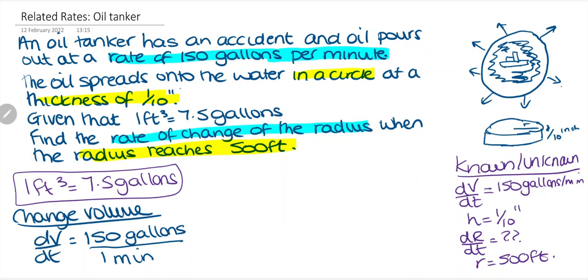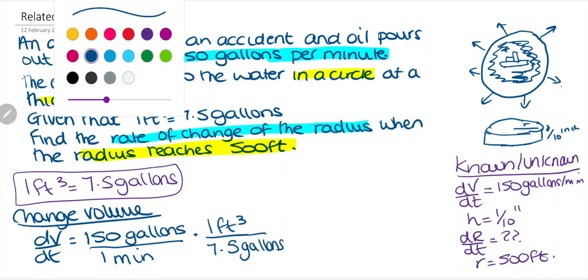Now I need to change my units into feet, so I still need my minutes, but I'm going to need feet. I'm going to rewrite 1 cubic foot at the top, and then this is going to be 7.5 gallons.